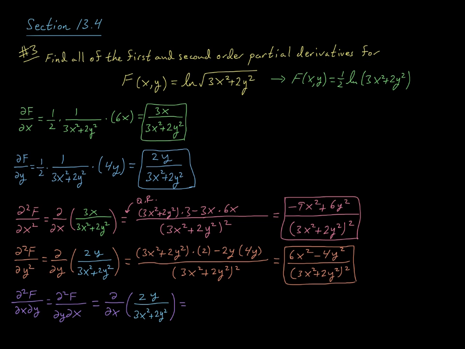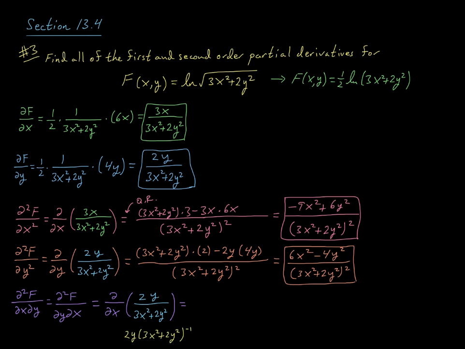So if I think about this expression in parentheses as 2y times 3x squared plus 2y squared to the negative first power, since I'm differentiating with respect to x, the 2y out in front is just constant. So I'm just going to go ahead and differentiate this thing using the chain rule.